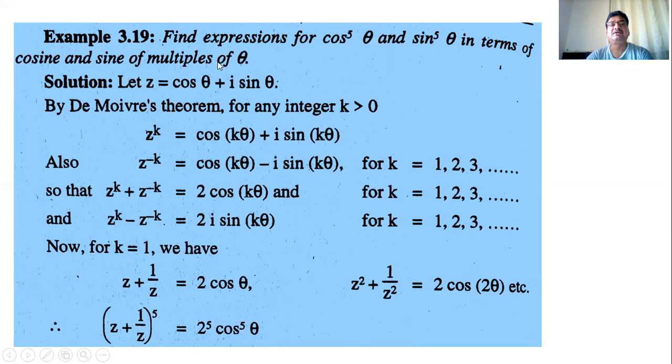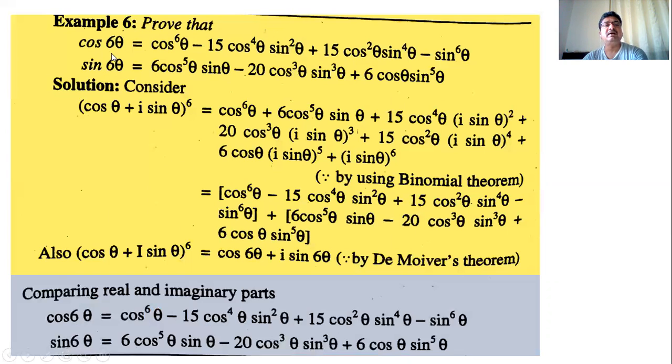Multiples of theta means theta, 2 theta, 3 theta, 4 theta. So this is a different problem. If the problem is to prove cos 5 theta and sine 5 theta, then expand (cos theta plus i sine theta) raised to 5 in two different ways and solve the problem.